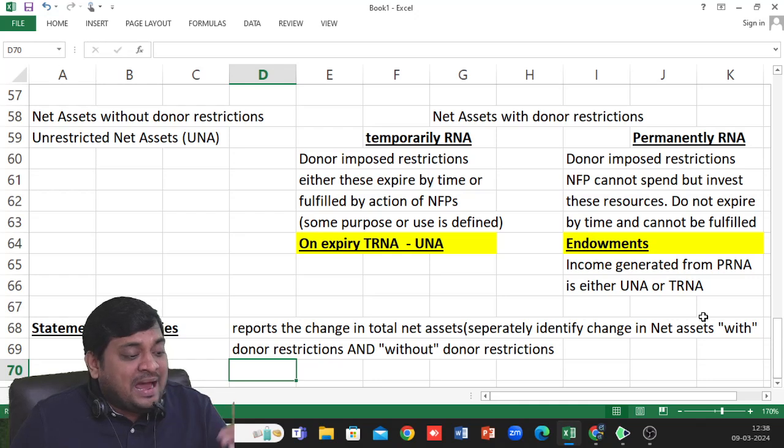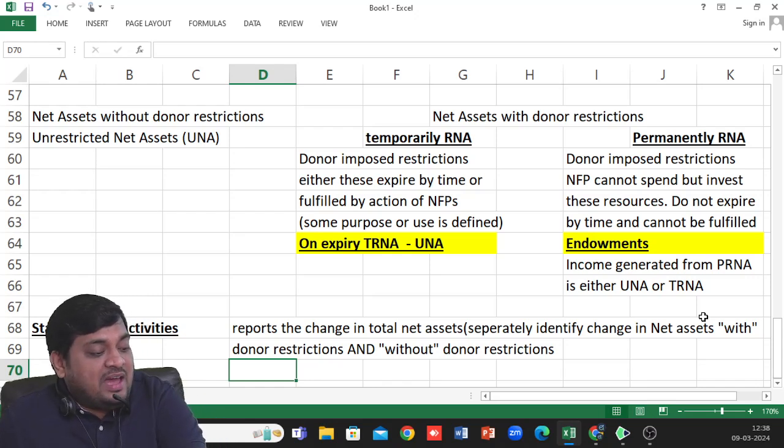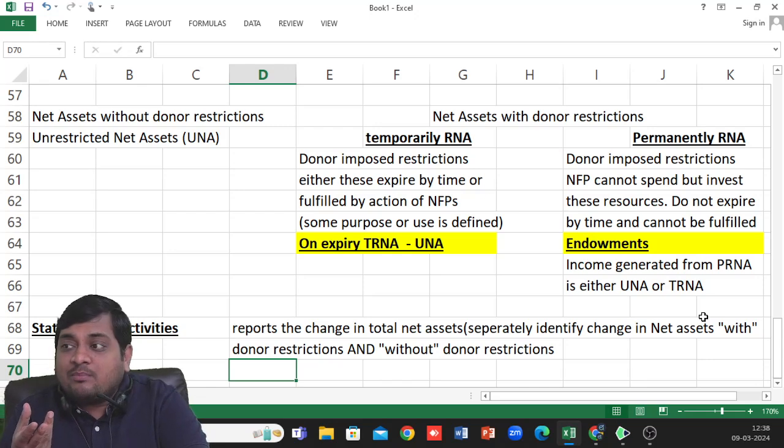Now what are the different line items that we show in this statement of activity? First we show revenue and gains, like contribution received from members.